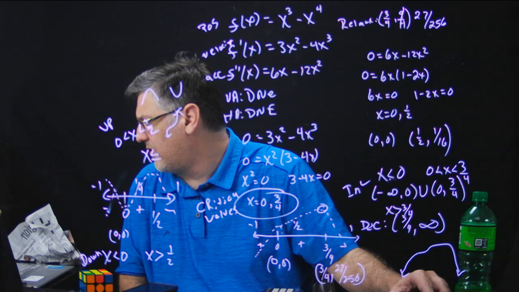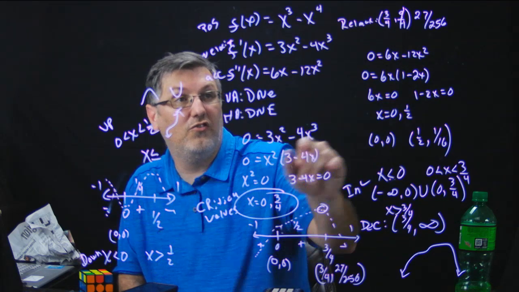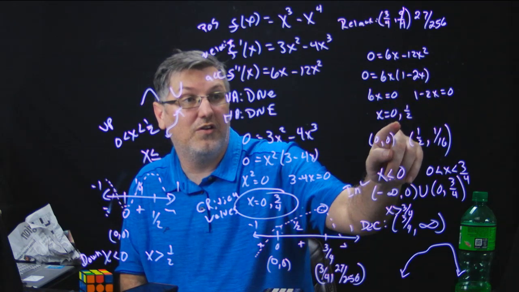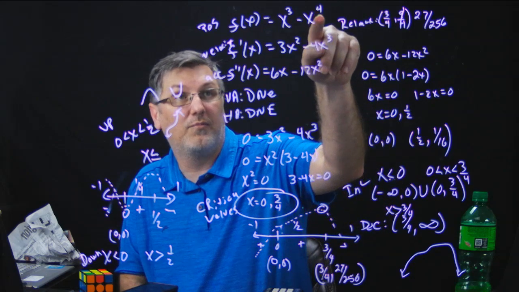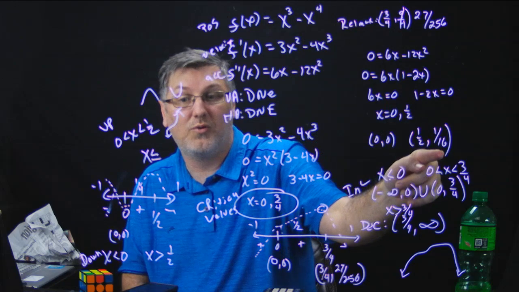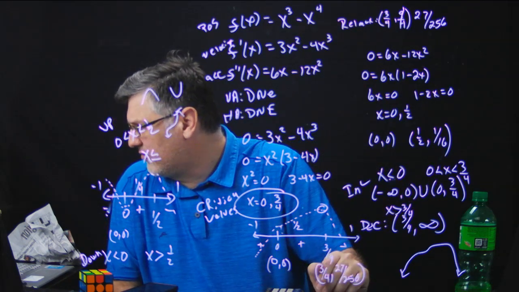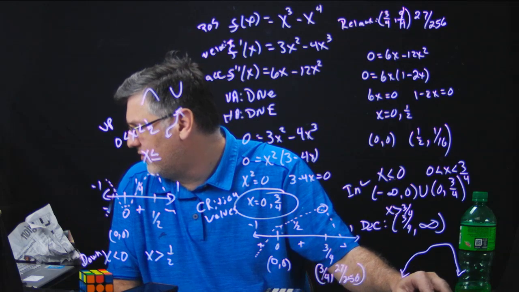So how would I find the points of inflection? These are the values in which I set the second derivative equal to 0. So if 0, put it back in the position function, I get 0. The 1/2, I put back in the position function, I get 1/16. So those are the inflection points.